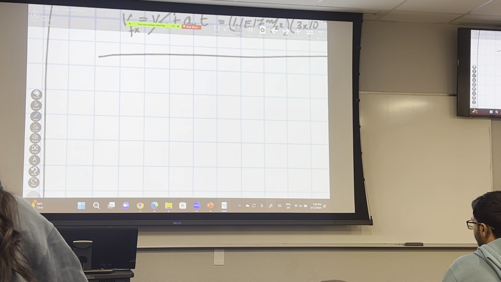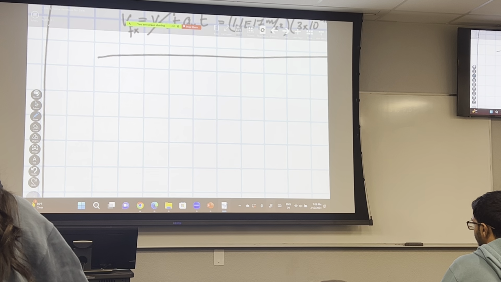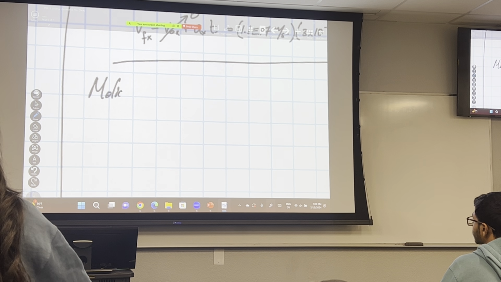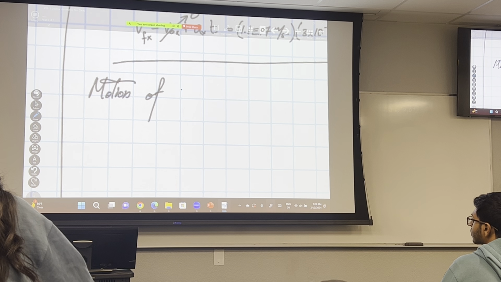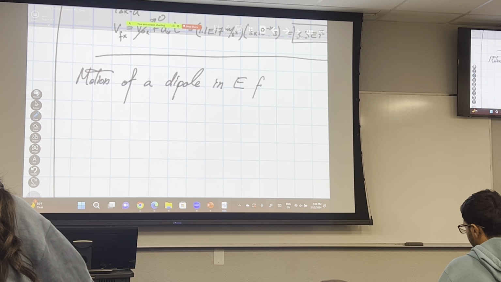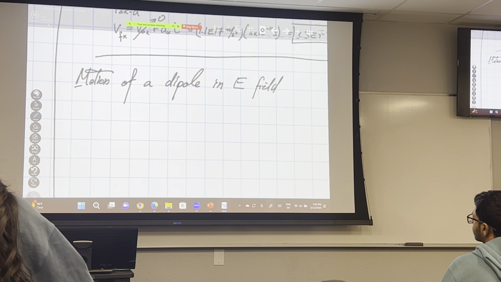However, we considered a few other charged systems as well. So let's next look at the motion of a dipole in an electric field.